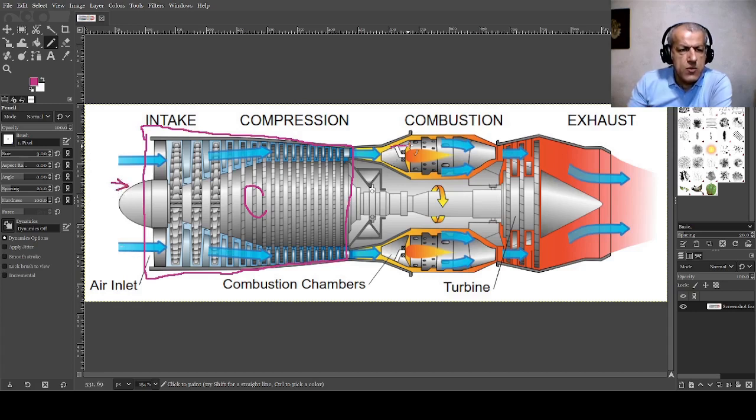We usually denote combustion chamber as two lines which just follow the can inside the combustion chamber, and this is the turbine which somehow is expanding, and we show it as an expansion. We connect these two with a shaft, which just shows that this turbine is running this compressor. This is what is called the gas generator.